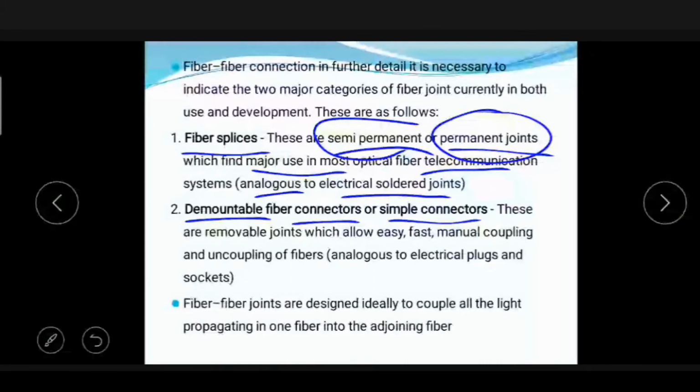Then the demountable fiber connectors are removable joints which allow easy, fast manual coupling and uncoupling of fibers, analogous to electrical plugs and sockets. Whenever you require, you connect the plug to the socket, and whenever you don't require it, you remove it. Similarly, we have a fiber connector.